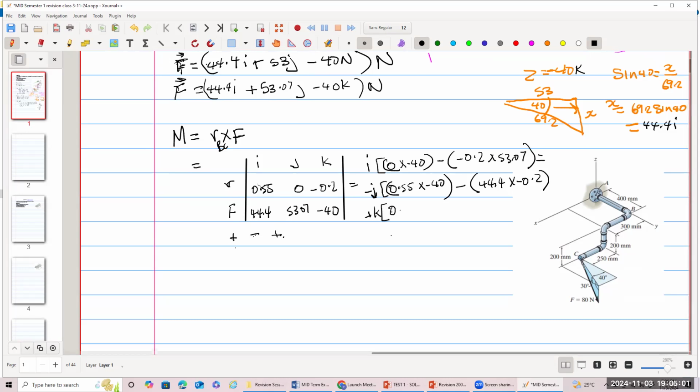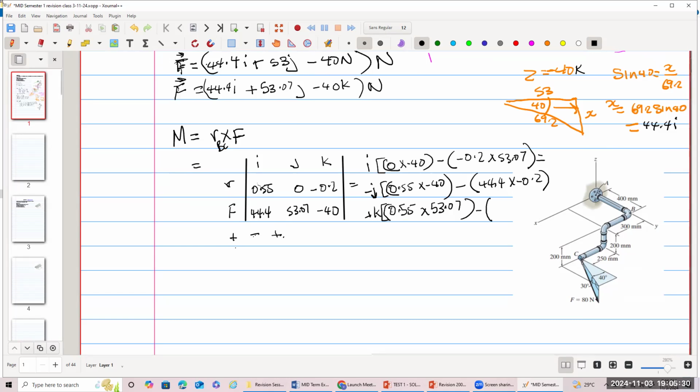Remember, a 3D matrix is really a determinant you're doing, a part of Cramer's rule. 0.55 times 53.07. Let me make sure the point is here. Put that in bracket. Make sure that we have the minus, very important. And then the next one is a minus again.